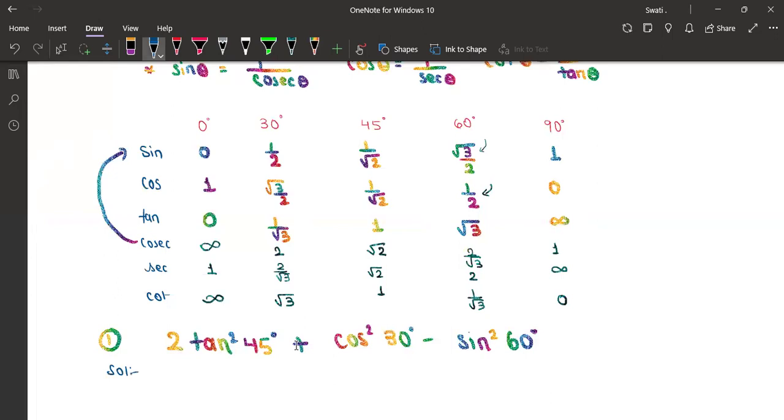2 will remain the same. Correct? 1 square. Very good. Plus, sorry, cos square 30, you have to find out.